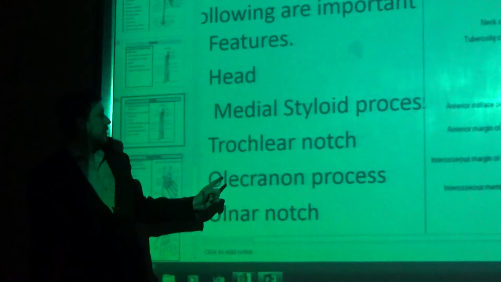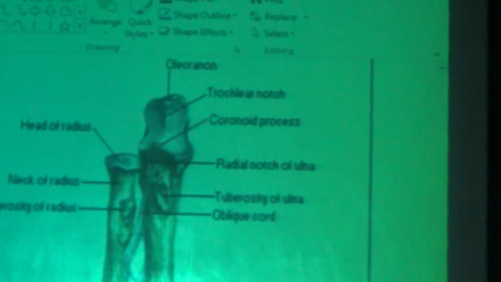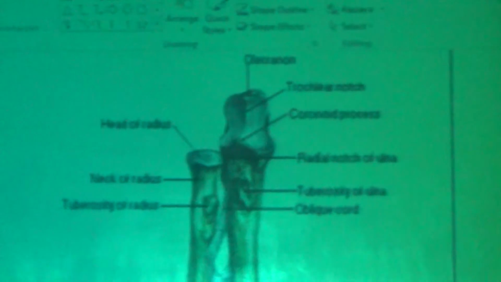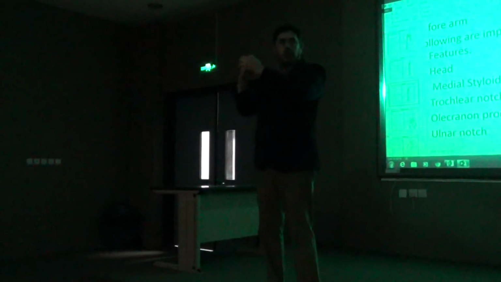Where is the olecranon process? In the ulna. Which one is on the higher side? This one. The olecranon process is in the ulna, which is also going on the back. Olecranon, and making a joint with the humerus is known as the elbow joint.